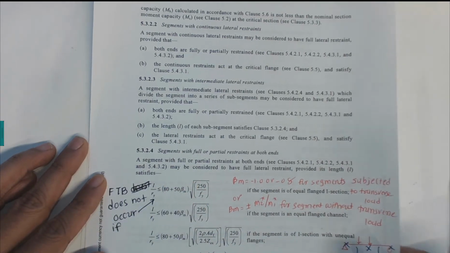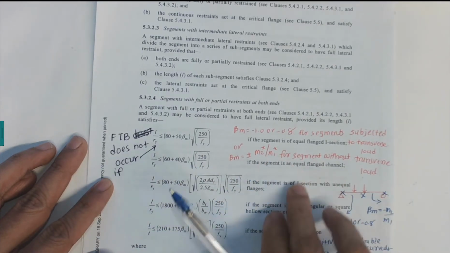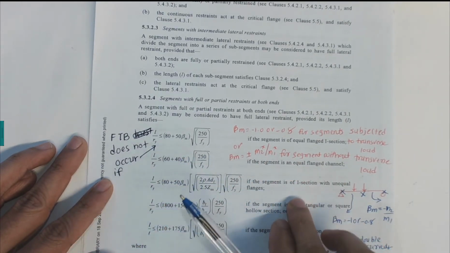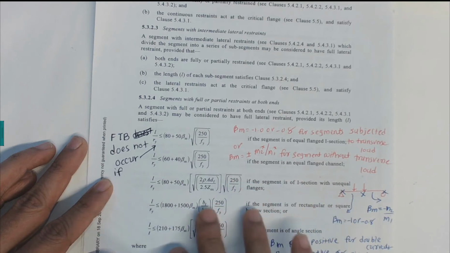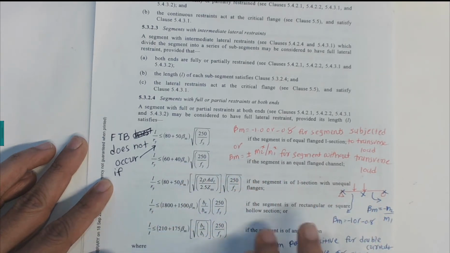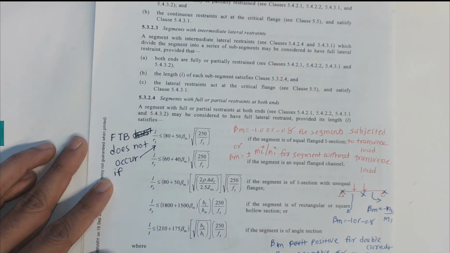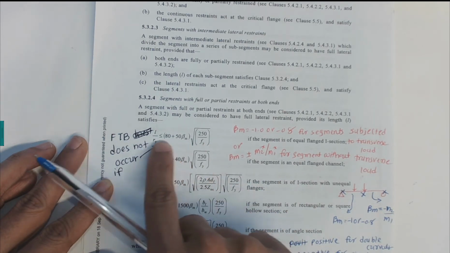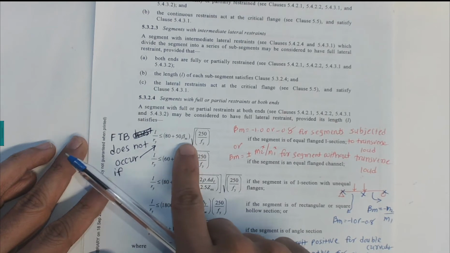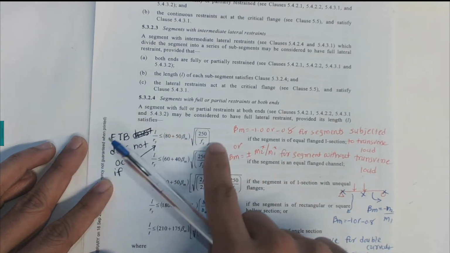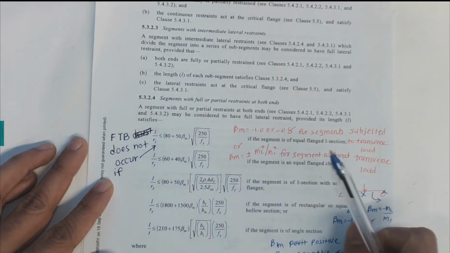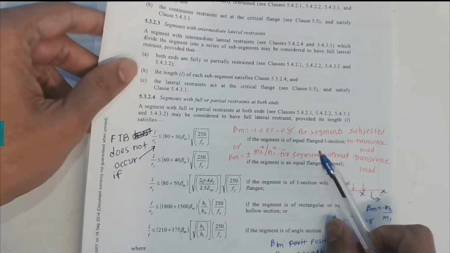Now there are other equations given for different cross sections that you can read against this equation, which are self-explanatory. If you read it, you can identify for which case we should use each equation. But in this course we are normally going to use the I section, so we will heavily use this equation in this course.